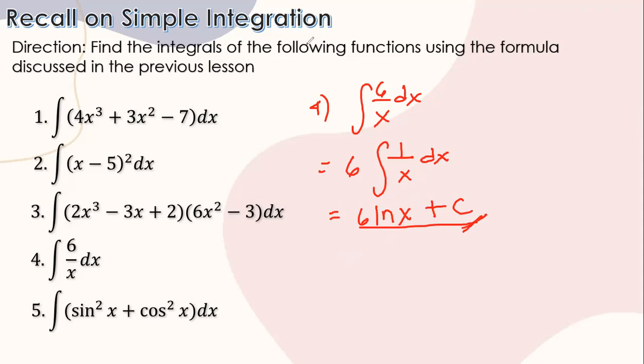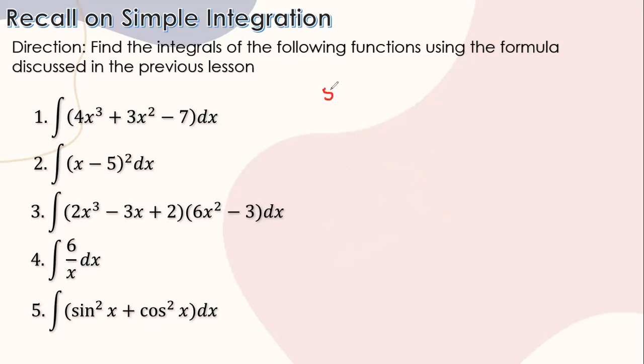Number 5, proceed na tayo sa number 5. This is a special case, the integral of sine squared of x plus cosine squared of x dx. Meron tayong trigonometric identity na sine squared of x plus cosine squared of x is equal to 1.